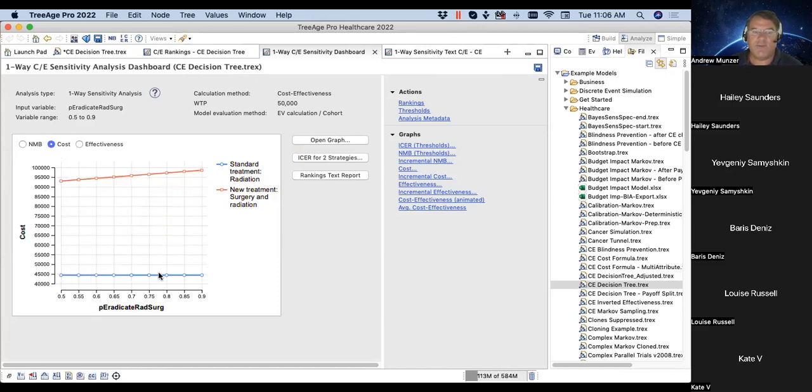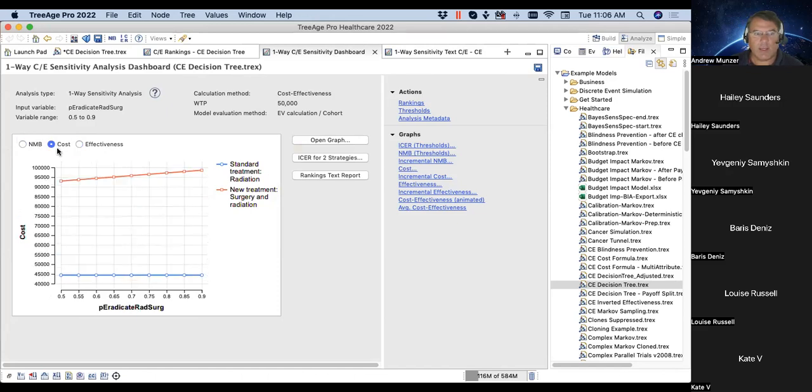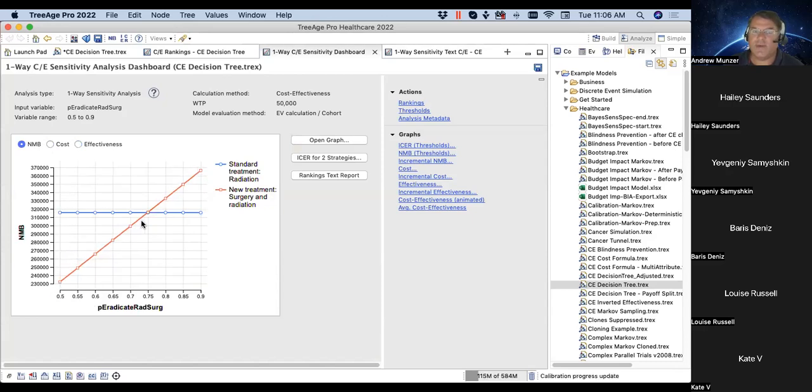Well, that parameter didn't affect one strategy, but it did increase the cost of the second strategy. And it significantly increased the qualities associated with the second strategy. So you can see, okay, the cost went up a little bit, the qualities went up a lot. It would make sense that the cost effectiveness was getting better, because you're getting better and better health outcomes for a fairly small increase in cost as that parameter goes up.